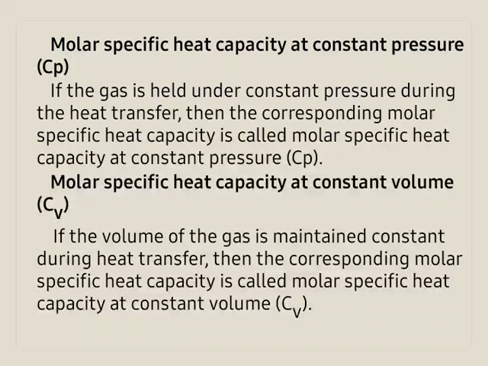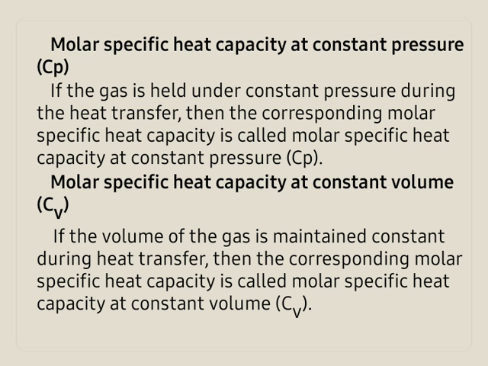What are molar specific heat capacity at constant pressure and molar specific heat capacity at constant volume? If a gas is held under constant pressure during heat transfer, then the corresponding molar specific heat capacity is called molar specific heat capacity at constant pressure.